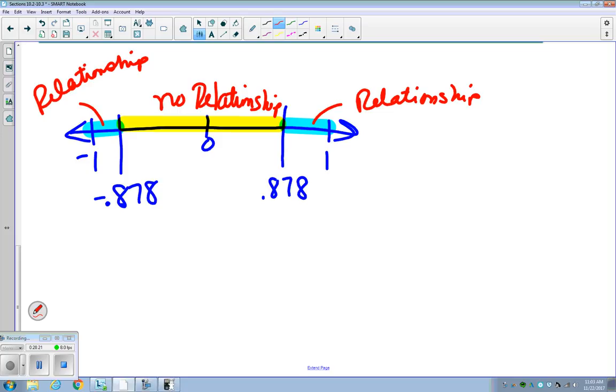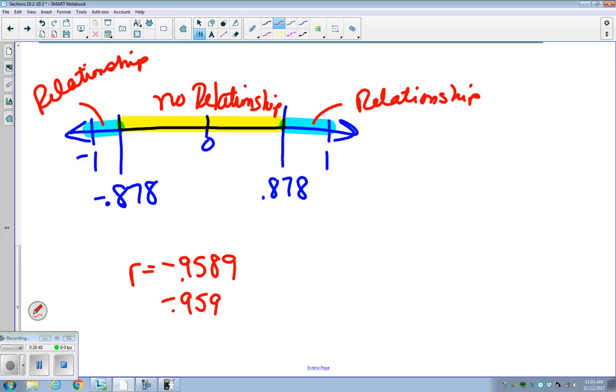What one did I come up with on my calculator? Our r was negative 0.959. We're going to round to 3 places, negative 0.959. Where is that going to fall on my number line? Yes, between these two, right?